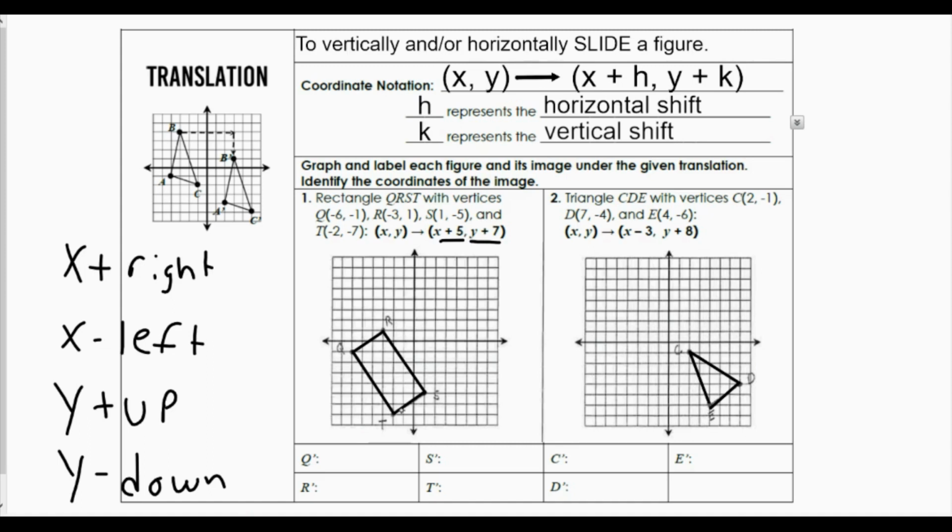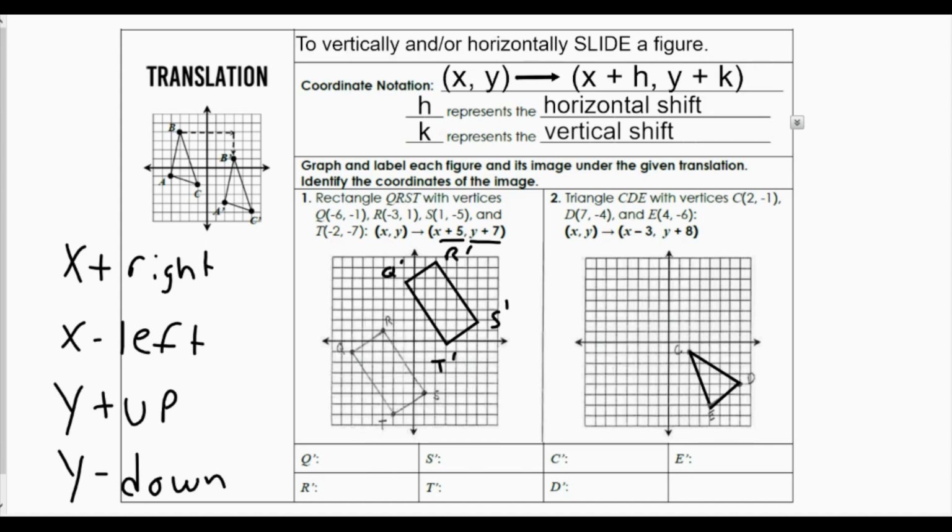So we move 1, 2, 3, 4, 5 spaces right, 1, 2, 3, 4, 5, 6, 7 spaces up. And these are the new coordinates of Q, R, S, and T. So this is T prime, S prime, R prime, and Q prime.